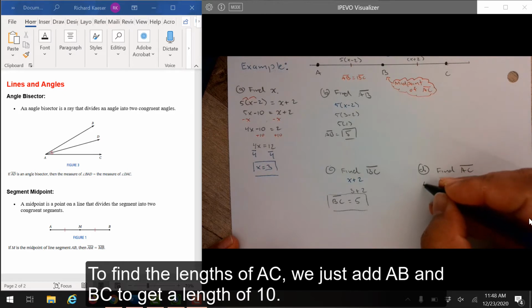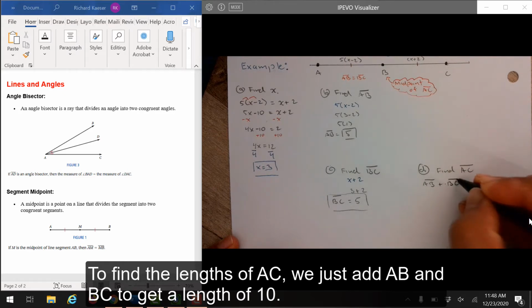To find the length of AC, we just add AB and BC to get a length of 10.